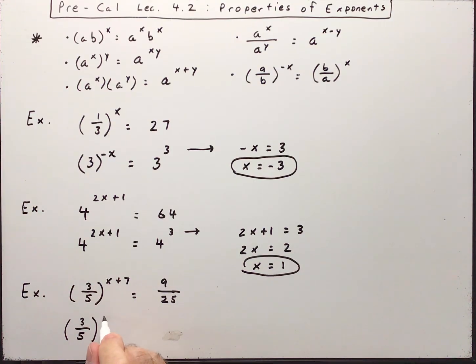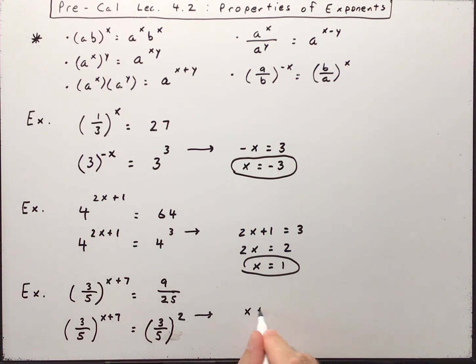So we have 3/5 to the x plus 7 is equal to 3/5 squared. All right, 3 squared is 9, 5 squared is 25, so those two are the same thing. Now we can set the exponents equal. X plus 7 is equal to 2. So subtract 7 from both sides, and x is equal to -5.